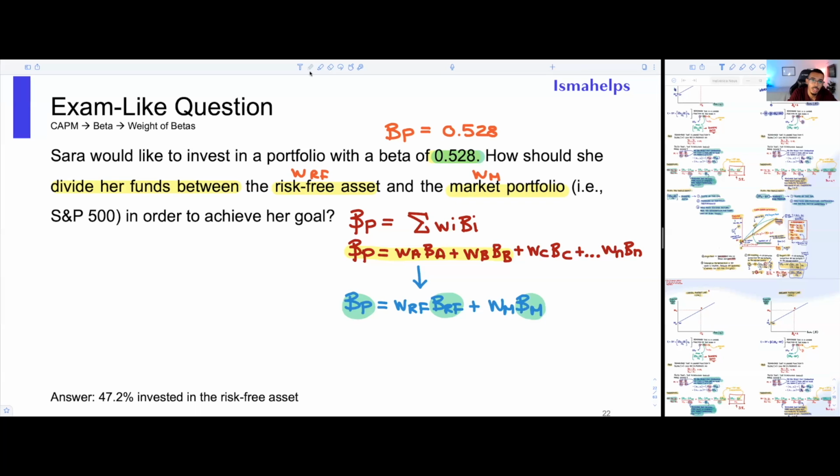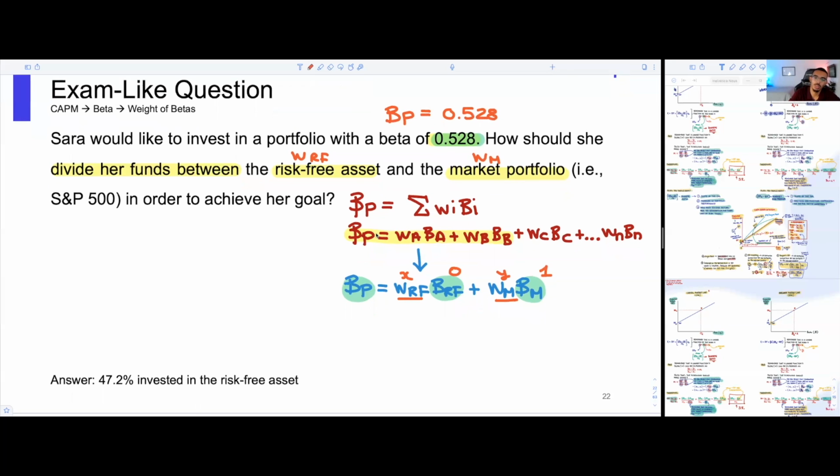So just like that, you actually have all the information you need. I'll write it in a different color: you know that this is equal to 0. You know that this is equal to 1. And we know what we need to do for these different weights, right? This would be X, this would be Y. We could simplify this in a way that's easier for us to compute. So in order for us to get 0.528, we'll do X times 0 plus (1 minus X) times 1.